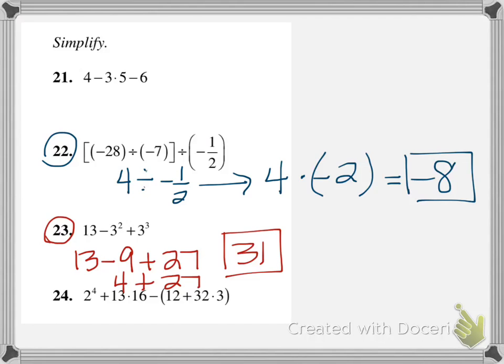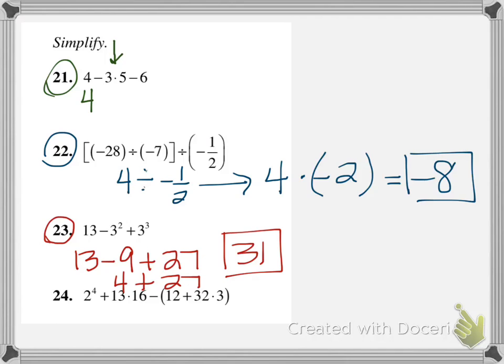Let's go ahead and do the problem up above, 21. 4 minus 3 times 5 minus 6. Remember, order of operations, we have to do grouping symbols, which we don't have any. Exponents, don't have any of those either. The next level is multiplication and division. I have a multiplication, so I have to do that first.